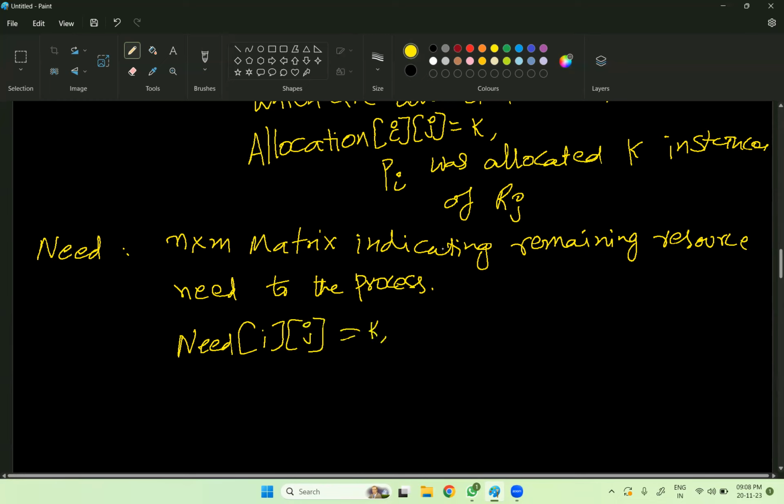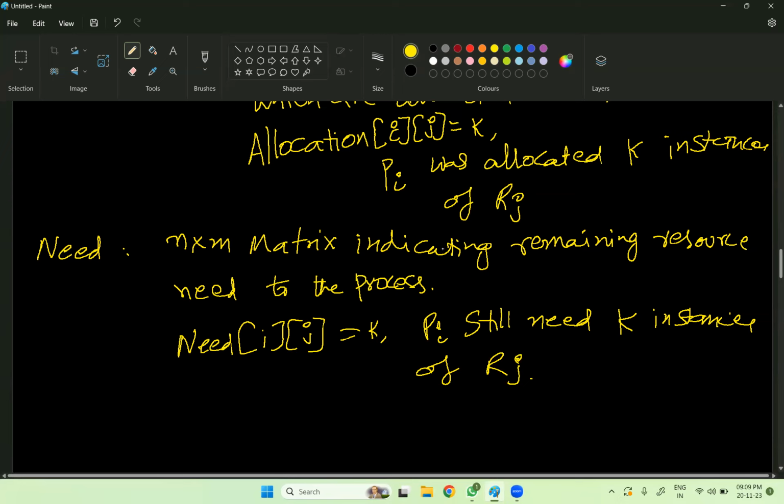What do you mean by this? Process Pi still needs k instances of resource type Rj. That's the meaning.